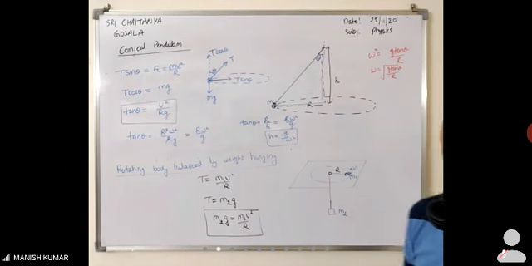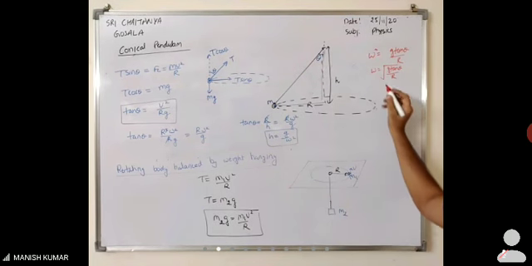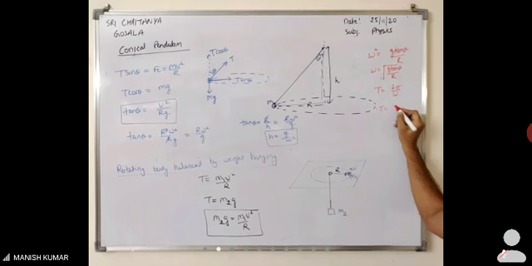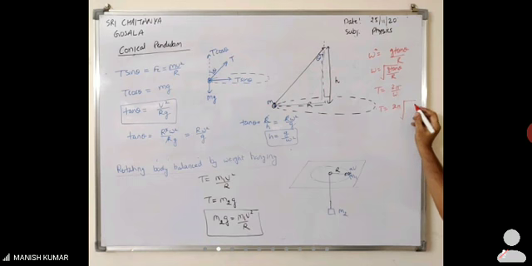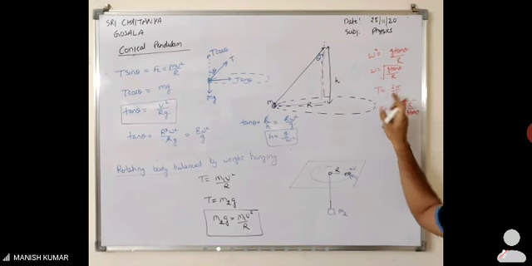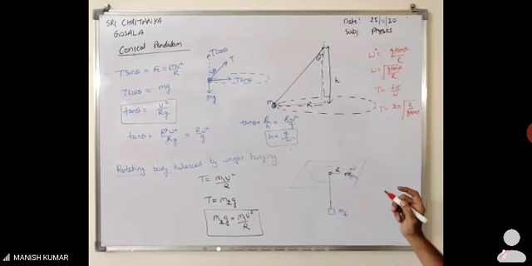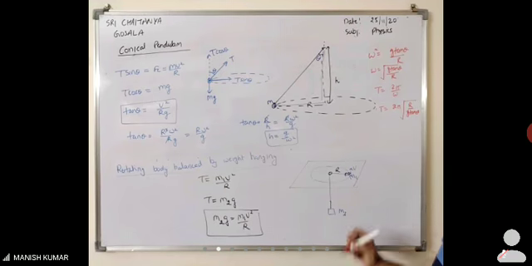If you want to know the time period, time period will be 2 pi upon omega, that is 2 pi root of r upon g tan theta. We all discussed these kinds of formulas. Time taken for one revolution in circular motion. It is simplified now.